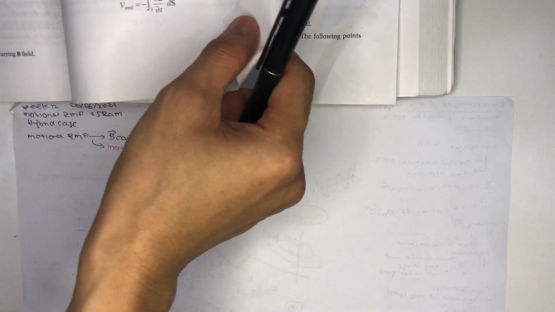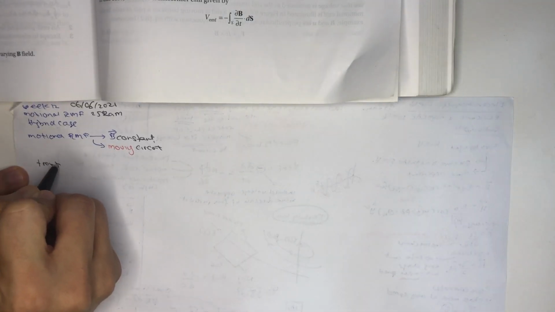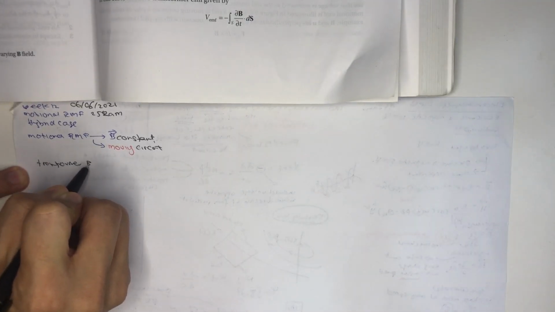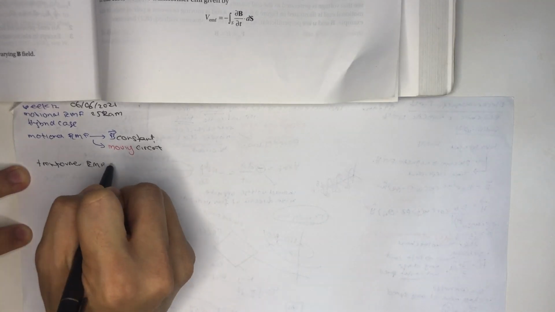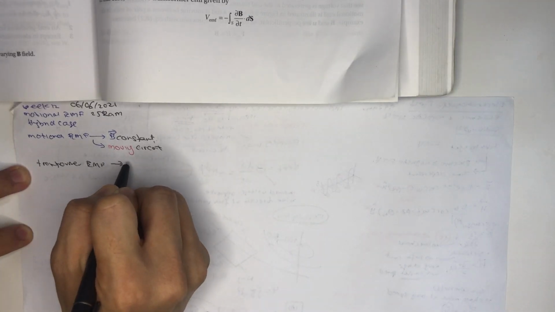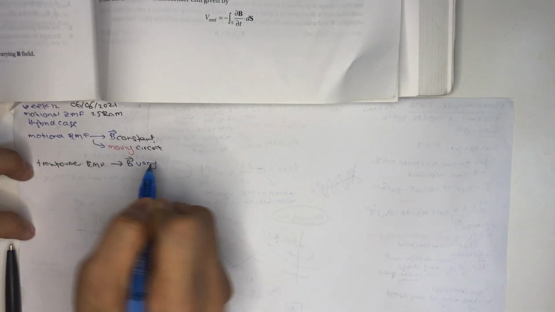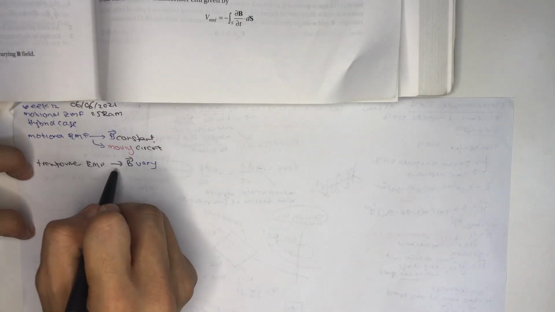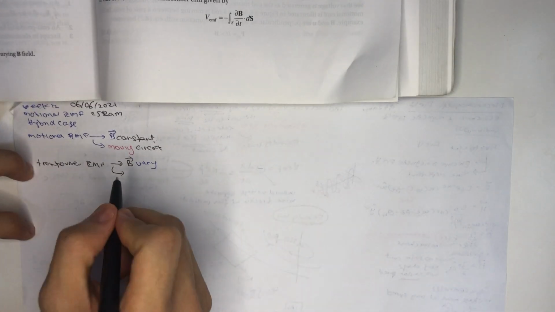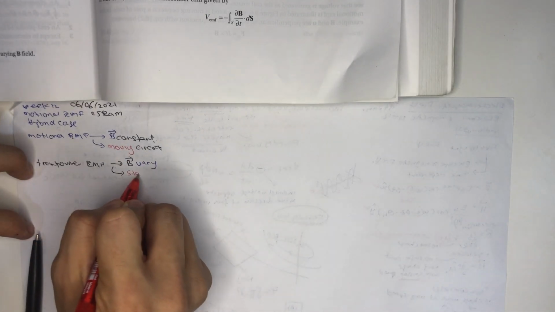If you recall from your transformer EMF, what is happening is that your B is now varying, and your circuit is static.